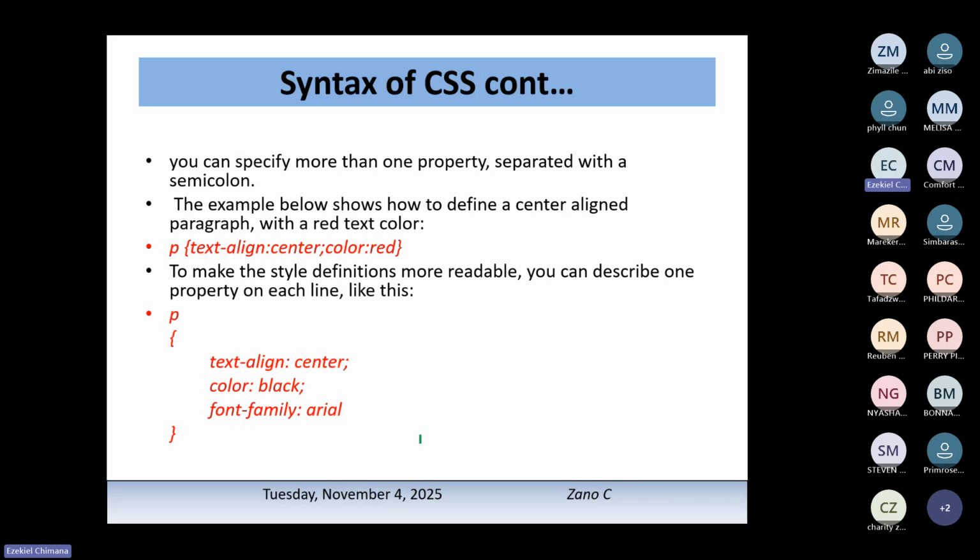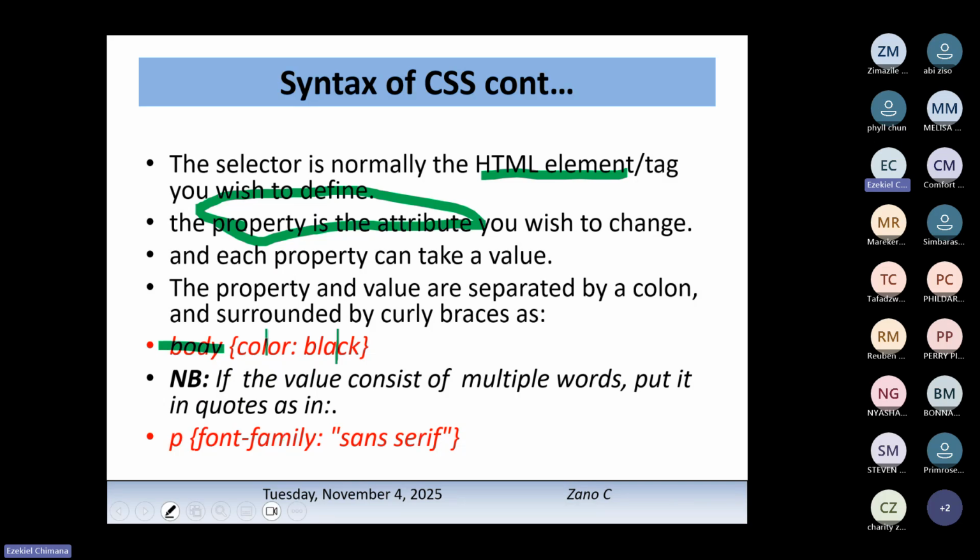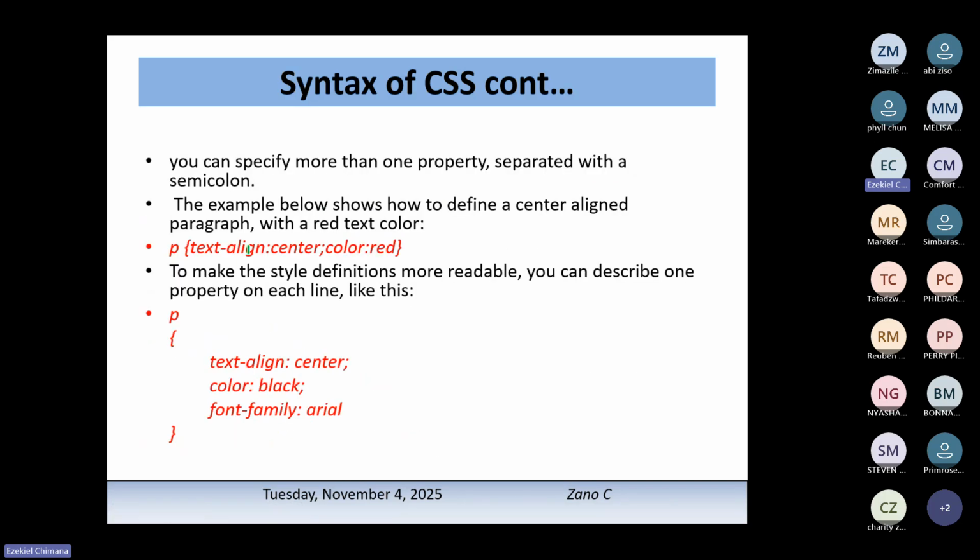When it comes to CSS, there are a lot of properties and attributes. So you just need to know which one you are supposed to use. We've been talking about font family, color, and here we are talking about text alignment.